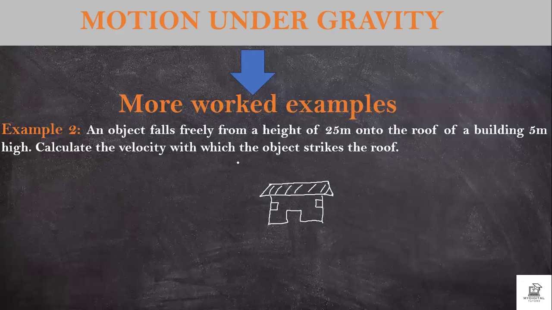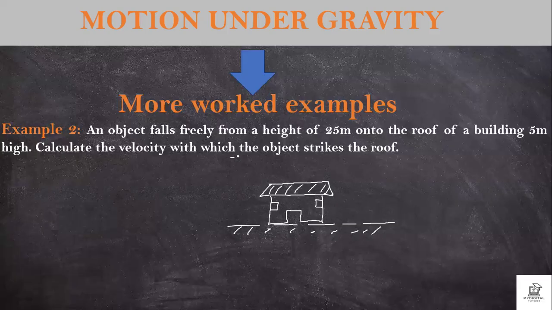And take here to be the floor. An object falls from a height of 25 meters. So where the object falls from, the height is 25 meters, while the roof of the building is 5 meters high.